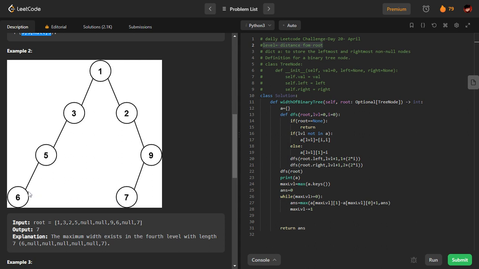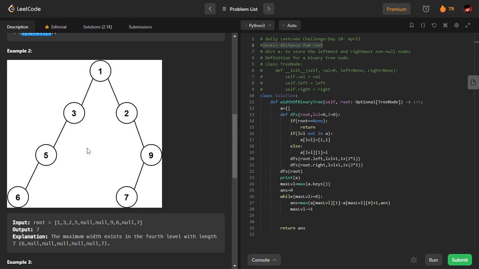The leftmost not null node is 6, and the rightmost not null node is 7. The other null child will not be considered here because we have to consider the width between the leftmost and rightmost not null nodes. So we will not consider the right child of 9. We only consider from 6 till the left child of 9. Now let us trace it.